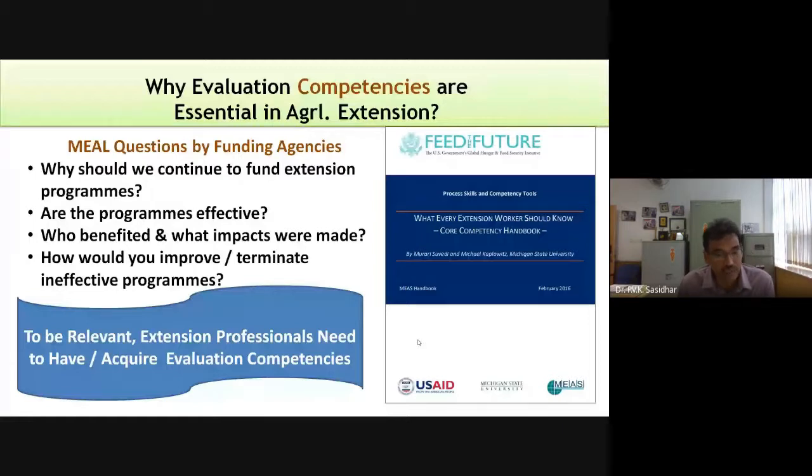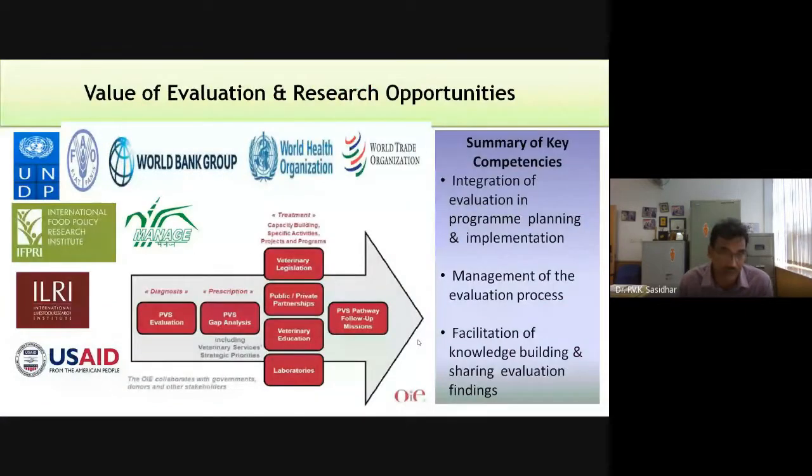Therefore, all of us being extension professionals, we need to be relevant for the evaluation competencies. We need to have evaluation competencies. If we don't have them, then we need to acquire them to be effective extension personnel. So this is the essence of why we should know about evaluation and evaluation competencies.